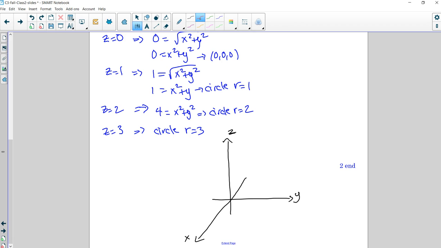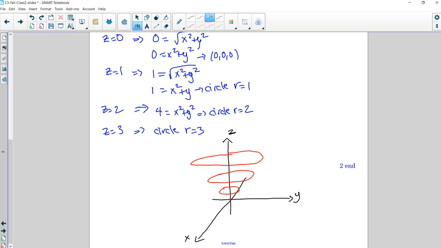Just putting this all on here, I have the origin, or the zero vector, and this is just a sketch so it doesn't have to be precise, so I have a circle of radius 1, followed by a circle of radius 2, followed by a circle of radius 3.